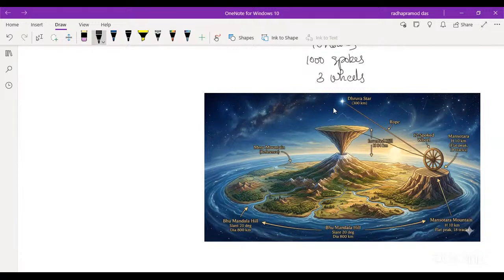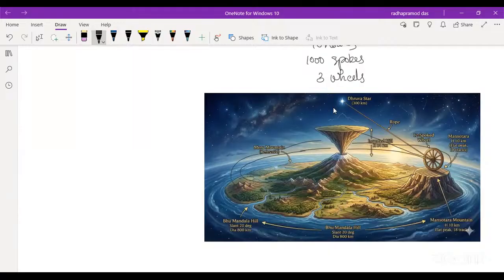Actually, this Mansutra mountain is all around this Jambudvipa. It is not just at one place. Just to make you understand, we have written it is going all around Meru mountain in a circular way. Are you able to understand this?